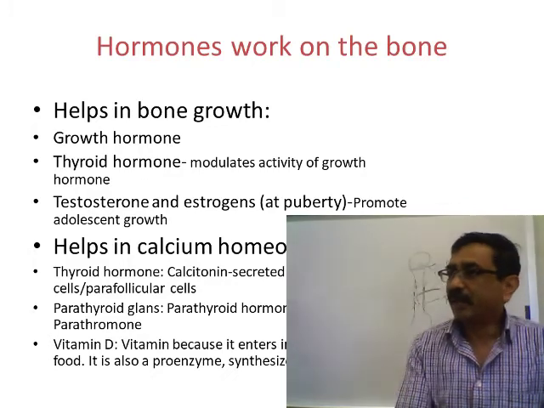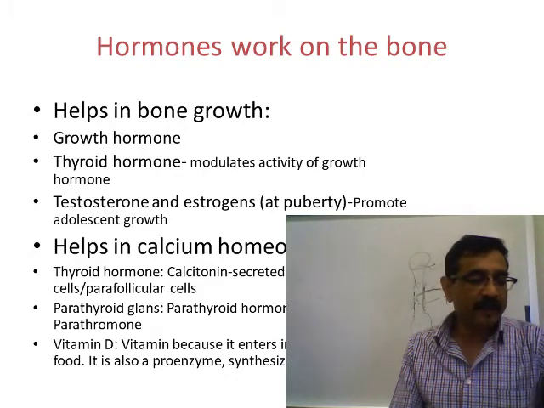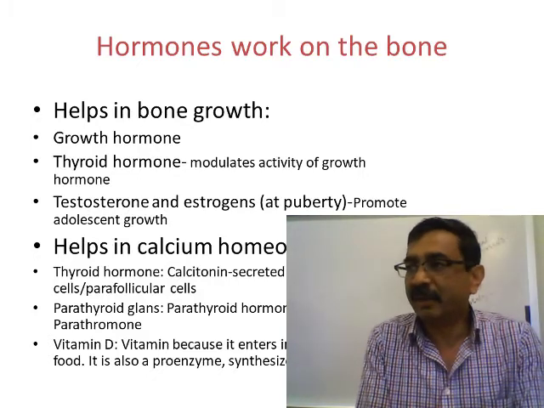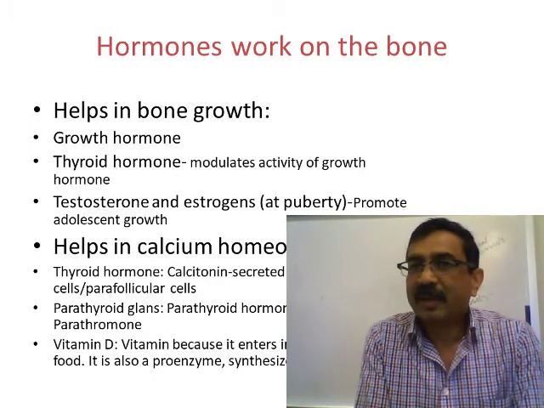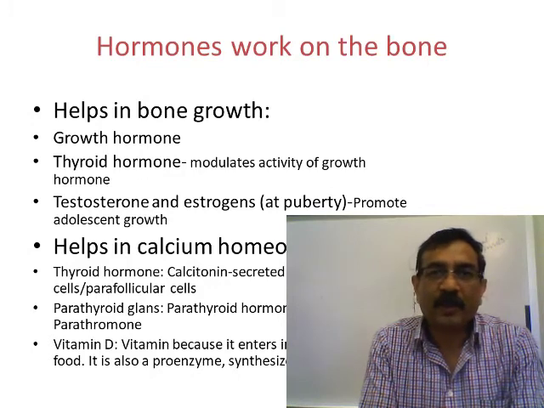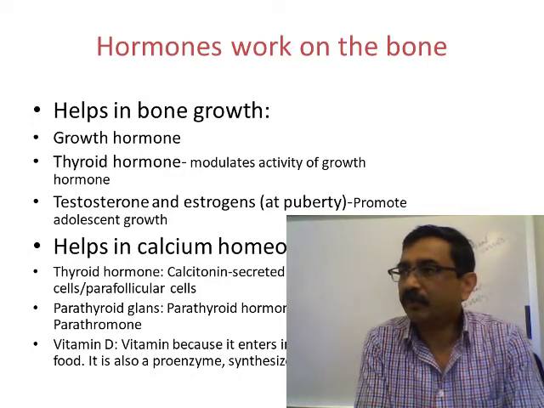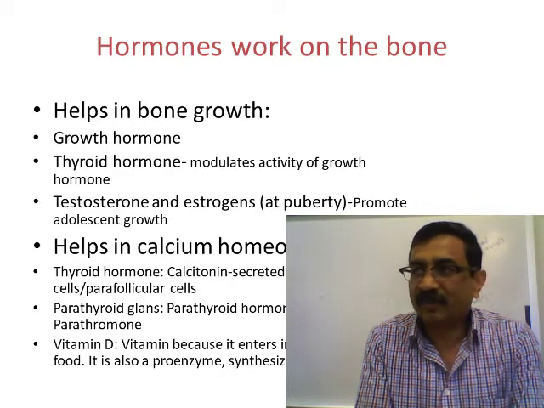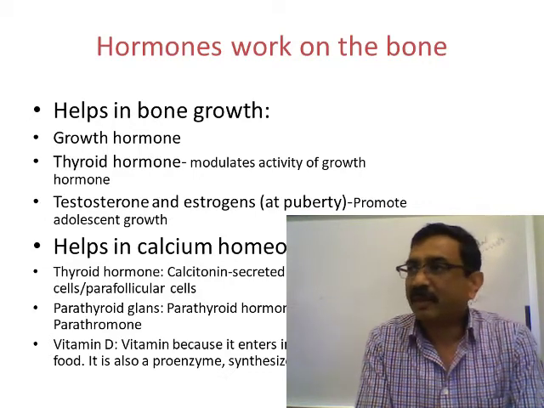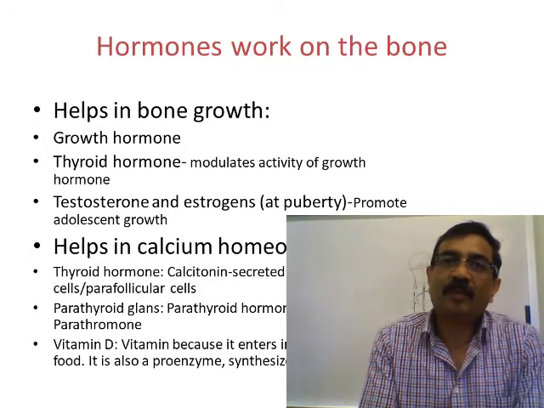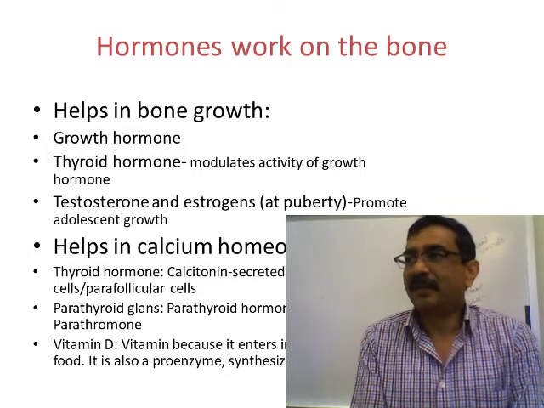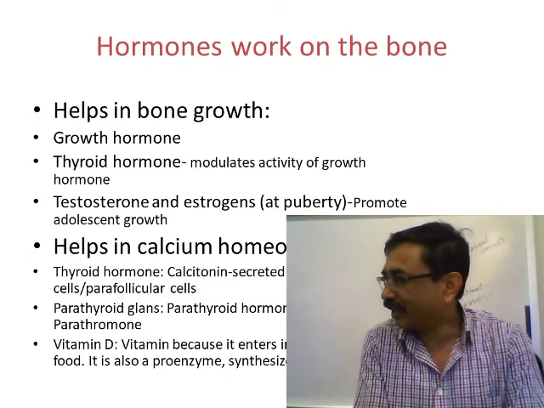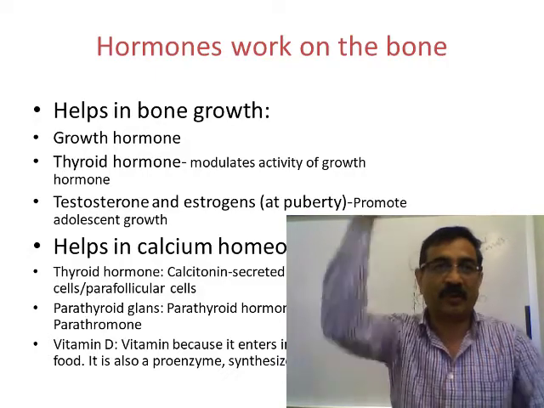Growth hormone, just know that growth hormone comes from the pituitary gland. It is a pituitary hormone, and it stimulates the growth of the bones. That's why during the early stage of life more growth hormone secretion occurs, right? Because that's the time when the bones grow.